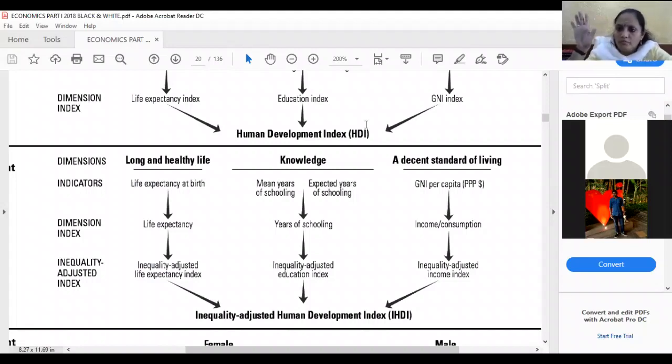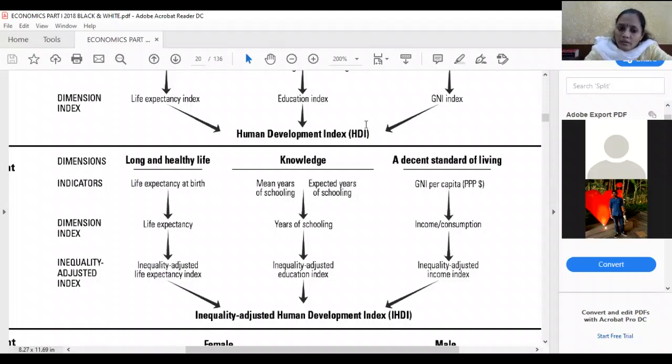Everybody agrees to this. So the question is about inequality in this developmental indicator. India has this particular life expectancy at birth, but can I say that across all the states the same life expectancy at birth is expected? I can't say. So there is an inequality. I am going to adjust this value for inequality across all the 3 indicators.